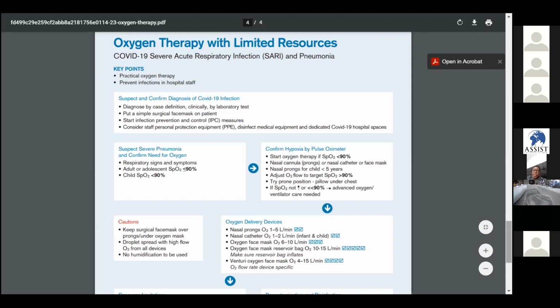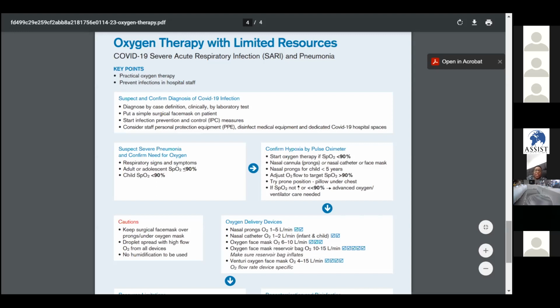So the entry point is the nasal prongs. Whenever you're choosing a device, you have to look at how many liters per minute of oxygen you want to give, and then also you want to know what your effective FiO2 is.